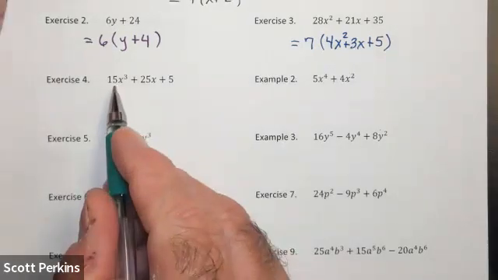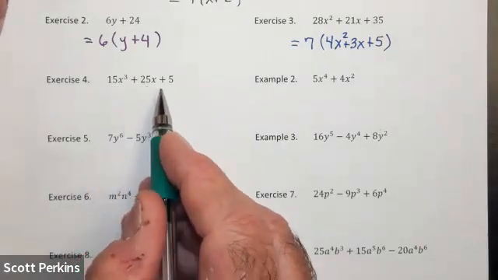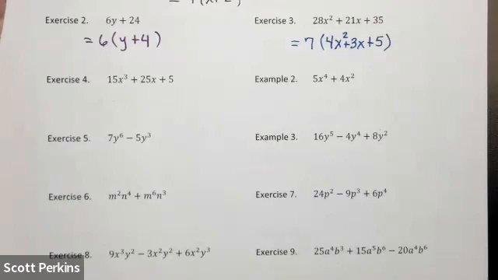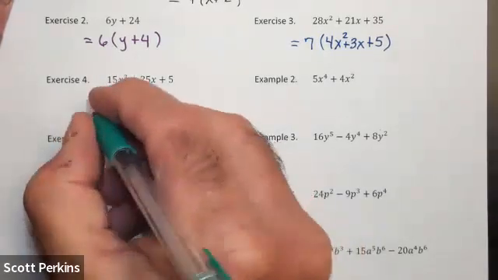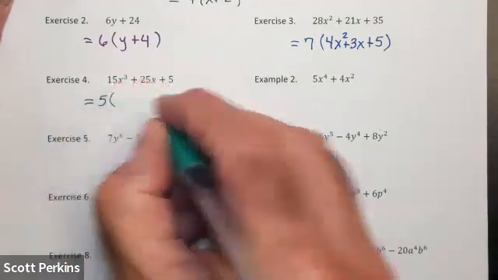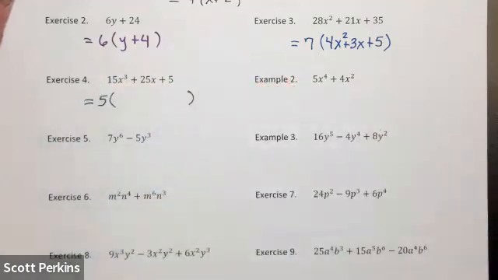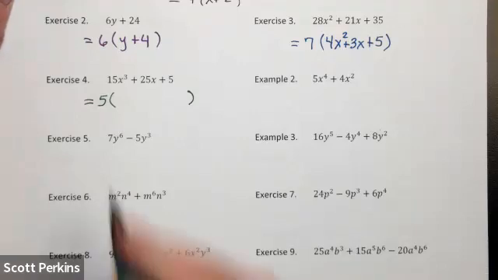So between 15x cubed and 25x and 5, what is the factor they have in common? 5. Now, I do have an important thing to mention to you about this example, the reason for it, and it has to do with that third term. So when we get there, if you have any question, we need to just make sure we nail that down because it's going to happen more than once.